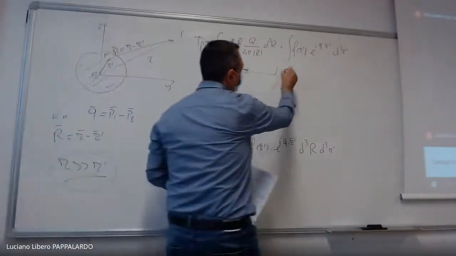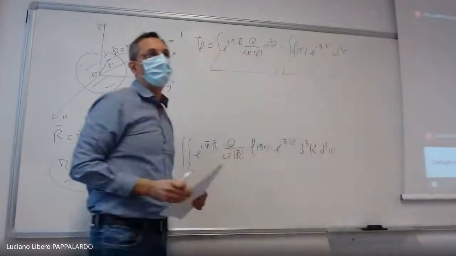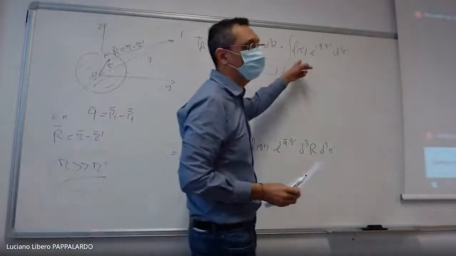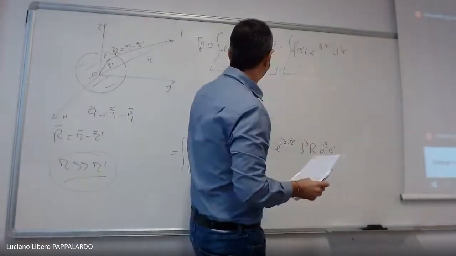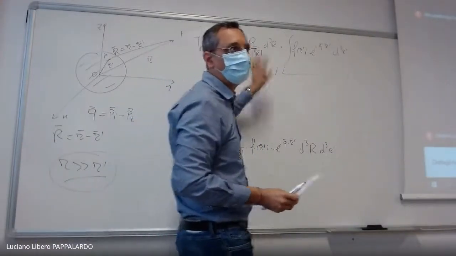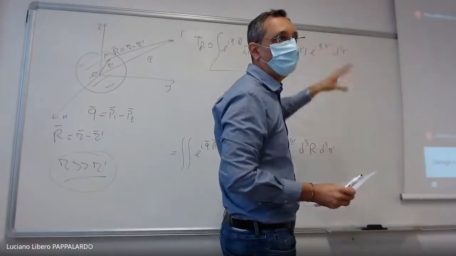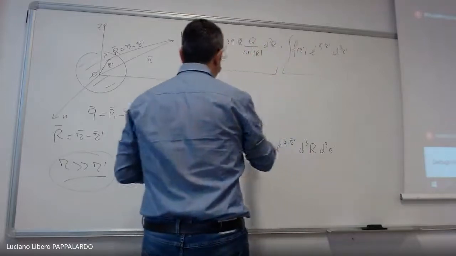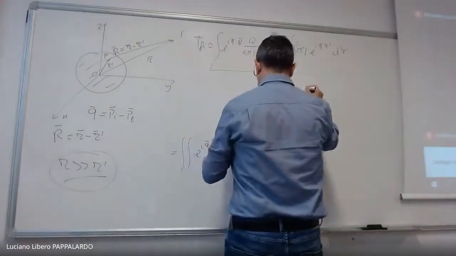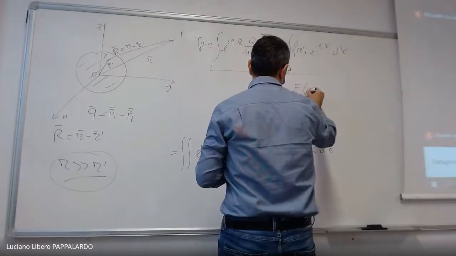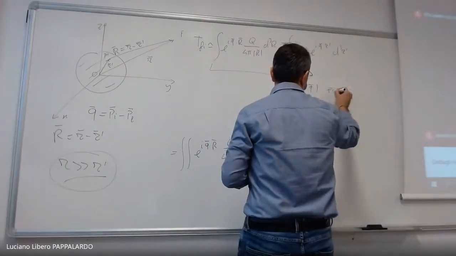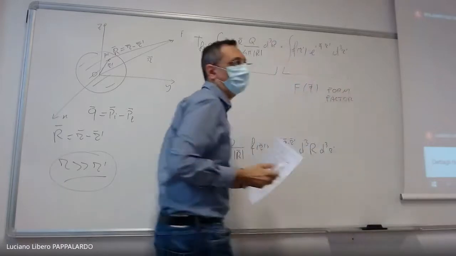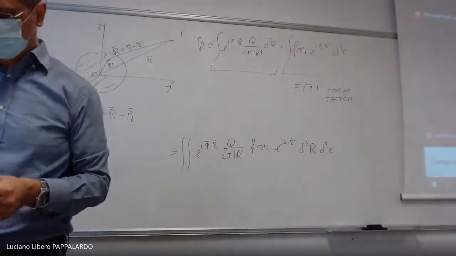The other term is our correction now, because our object is not anymore point-like, but it has some charge distribution. So this is the scattering of a point-like object, and we have to correct this in order to take into account the finite size of the proton. So this is the standard amplitude for a point-like particle, and this is what we call the form factor, or elastic form factor of the proton.